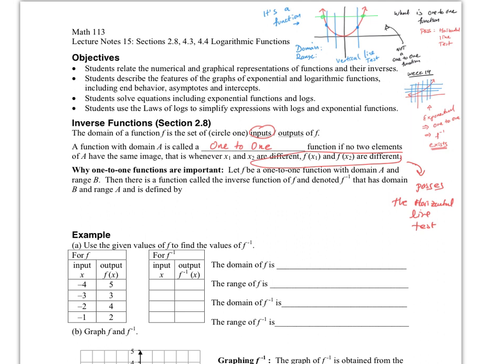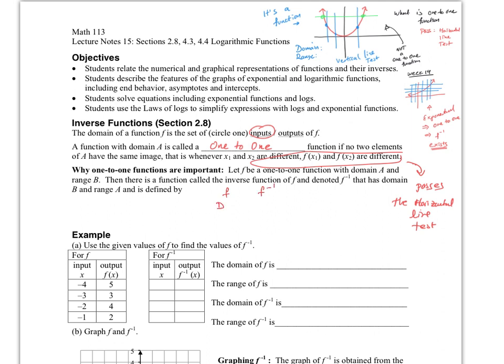Now, here is why one-to-one functions are important. The first reason is that you cannot find the inverse unless the function is one-to-one. But more importantly, the domain of the function is the range of the inverse, and the range of the inverse is the domain of the function. That makes finding the domain and range very easy. For example, you have f and the inverse.